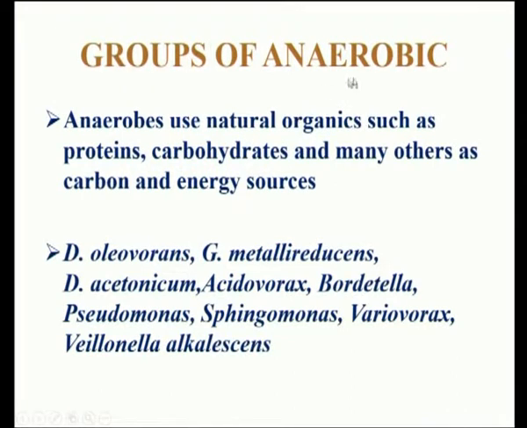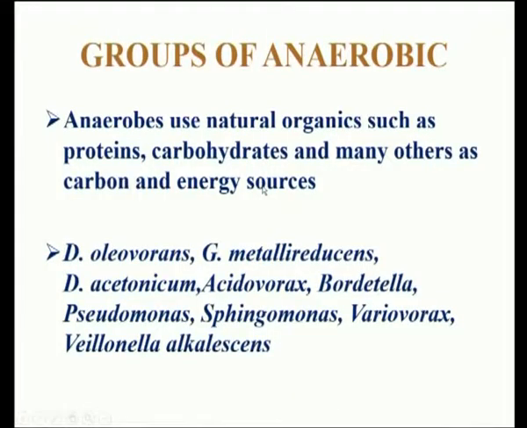And the groups of anaerobic bacteria, some of them are mentioned here. Anaerobes use natural organics such as proteins, carbohydrates and many others as carbon and energy sources. Using protein and carbohydrate as an energy source, they perform the degradation.